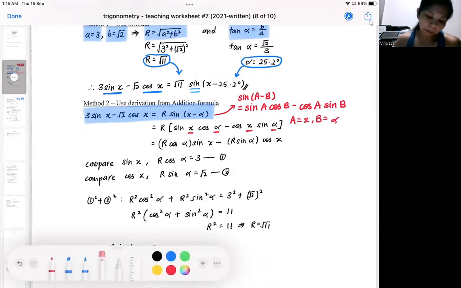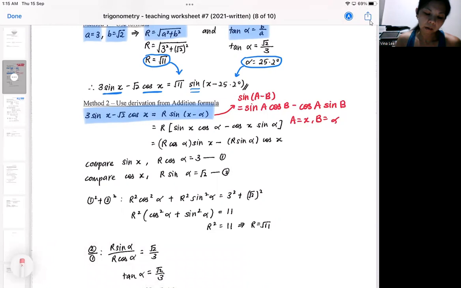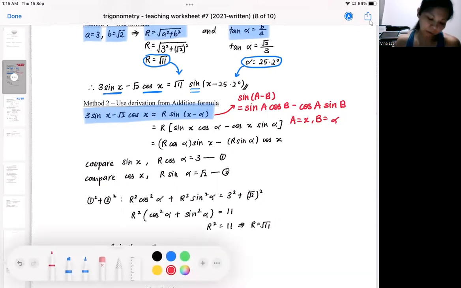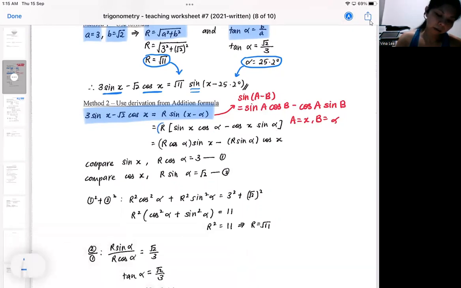After I apply the addition formula, I'm supposed to expand out. As I expand out, there's a part that will be grouped with this to become the coefficient of sine x. So you expand out the square bracket.